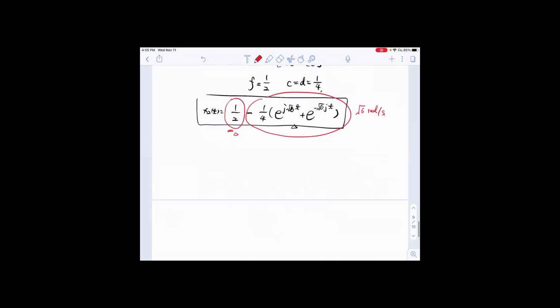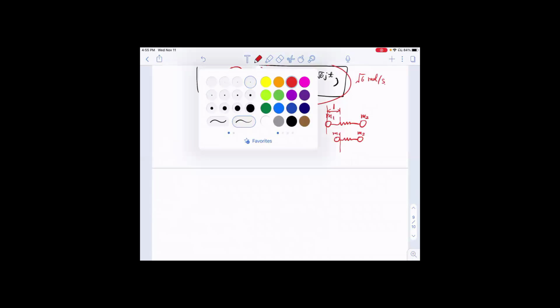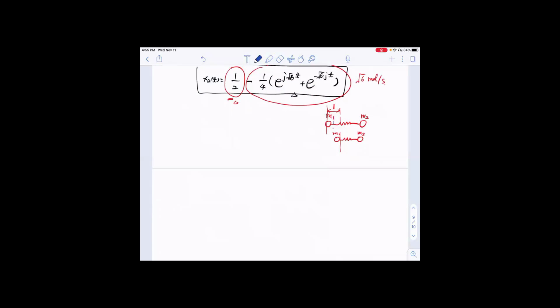If you give your M1 an initial position 1, eventually the system will find an equilibrium position, which is half, 1/2.